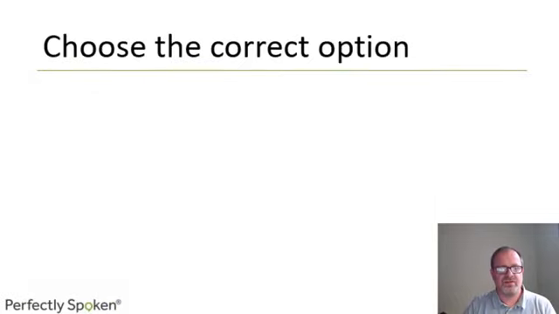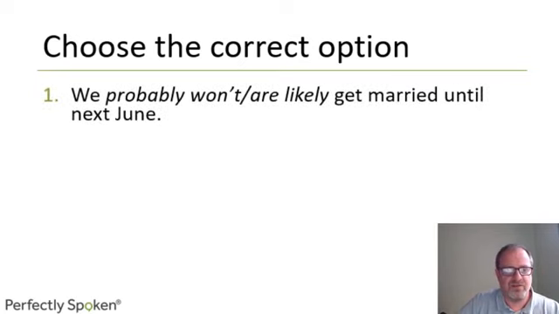Okay, so this time I'd like you to look at some sentences and see if you can choose the correct option for each one. So the first one, we probably won't or are likely get married until next June. Well, we don't think we will get married until next June.